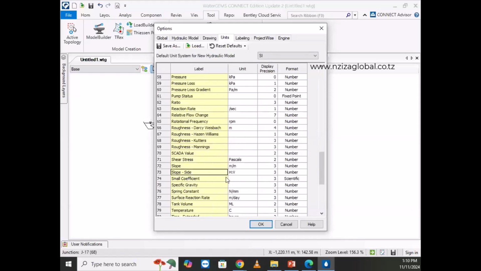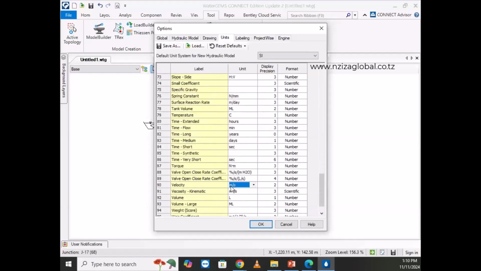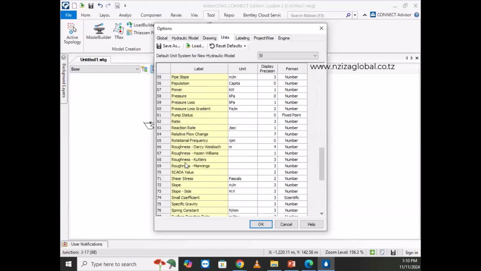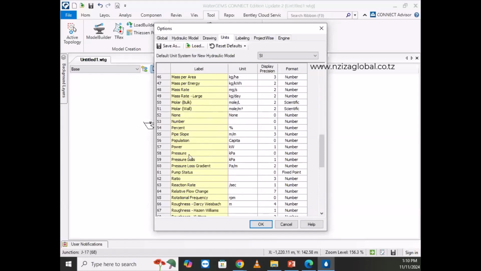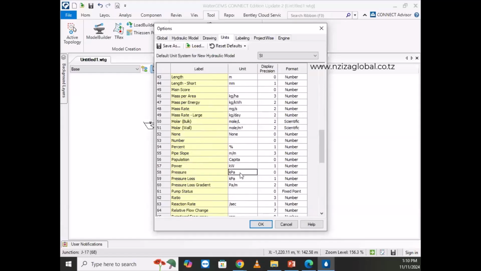The slope, meter per meter, yes. Velocity, meter per second. What I want you to change is the pressure. The pressure, most of the time we use meters per this one.